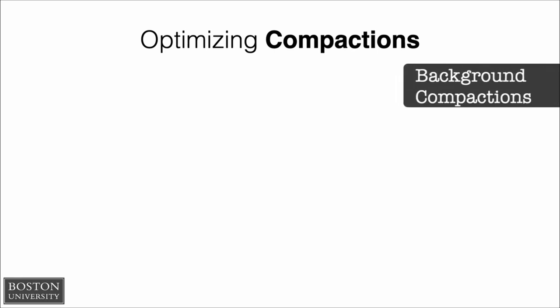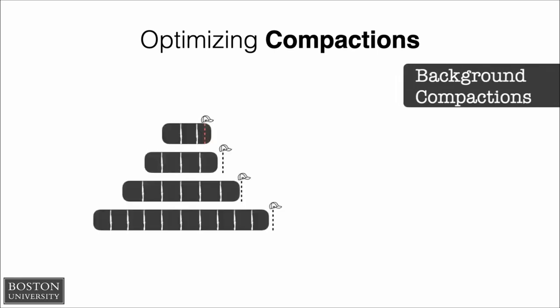So beginning with background compaction. The concept is really simple because in partial compaction, if you remember, when a level is saturated, it will trigger a number of compactions, and this will go through all levels of the tree.